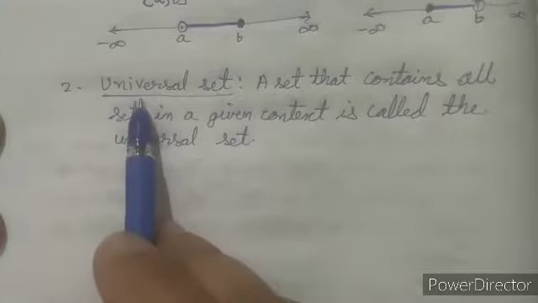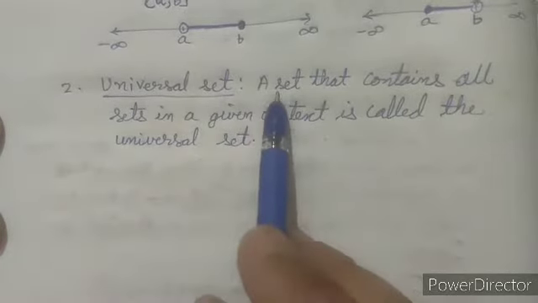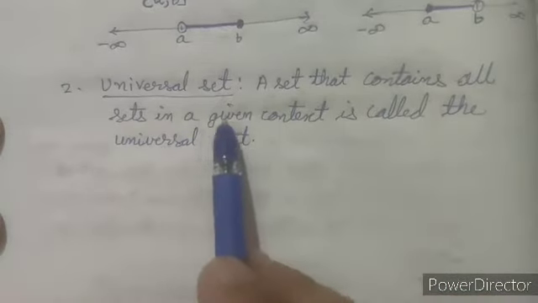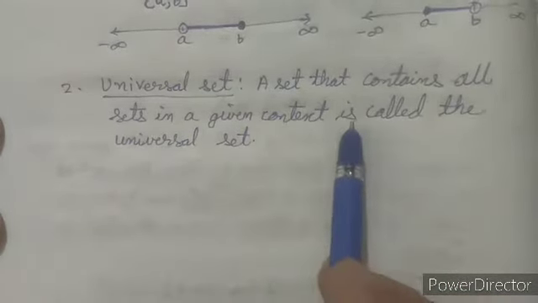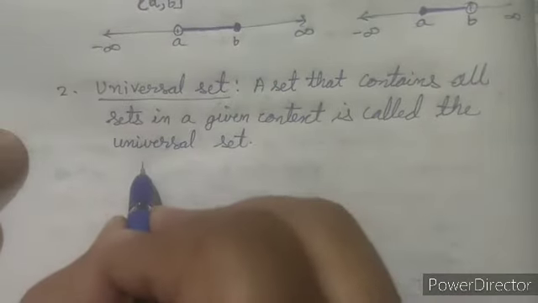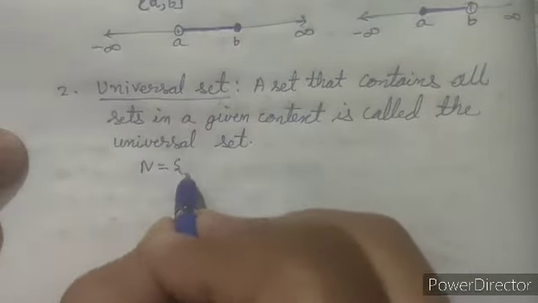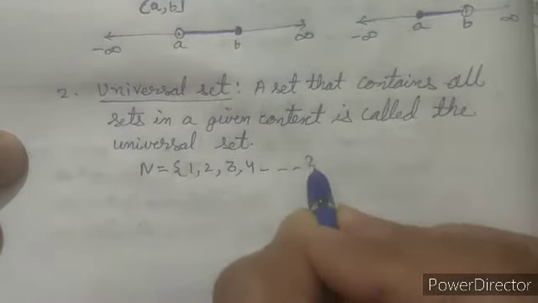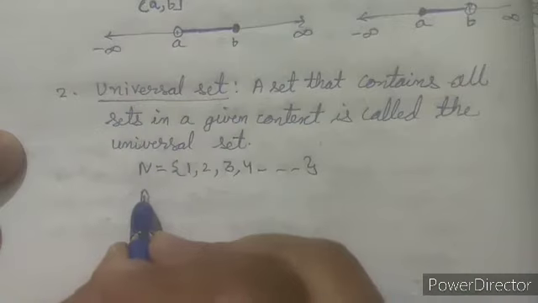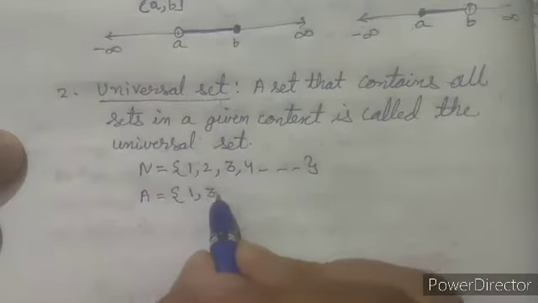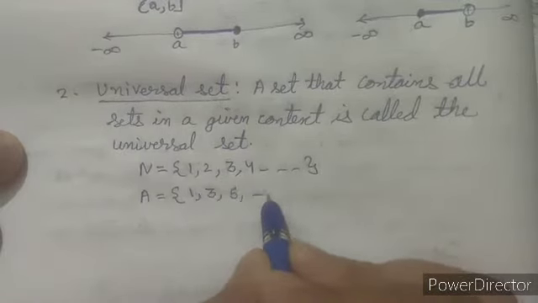Now second one is universal set. Now a set that contains all sets in a given context is called a universal set. Now suppose there is a set of natural numbers 1, 2, 3, 4 and so on, and we are taking a set A that is a set of odd natural numbers, and this will be 1, 3, 5 and so on.